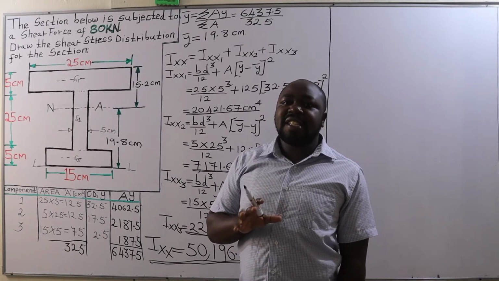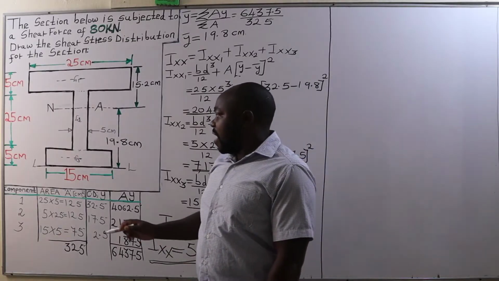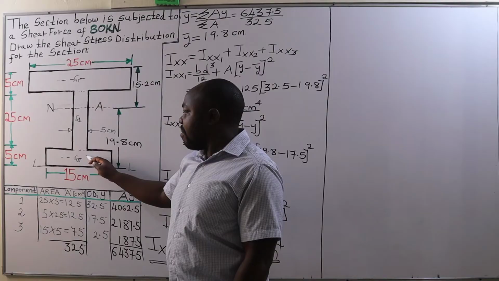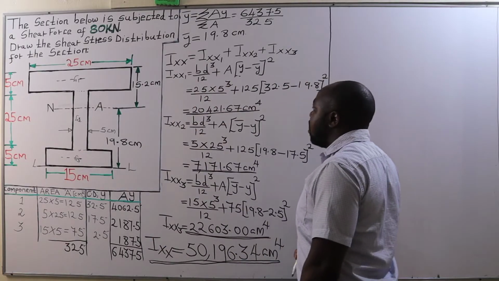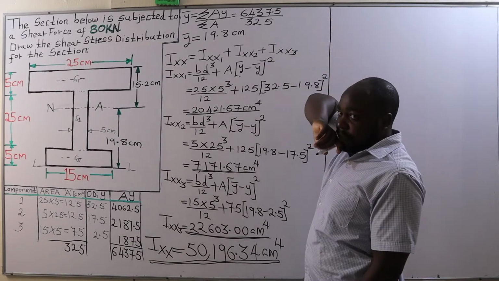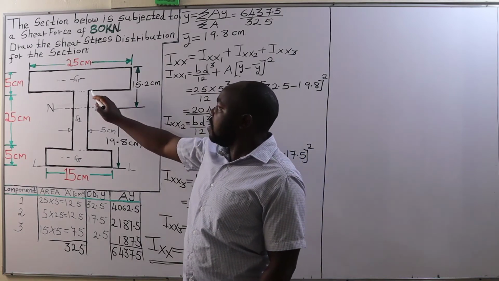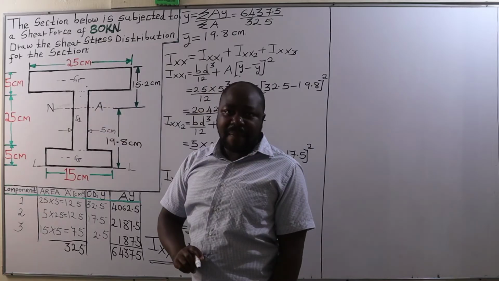Remember, shear stress is maximum at the neutral axis, as well as the shear stress between the junction of the bottom flange and the web. And we are going to begin with the shear stress at the junction just between the top flange and the web.